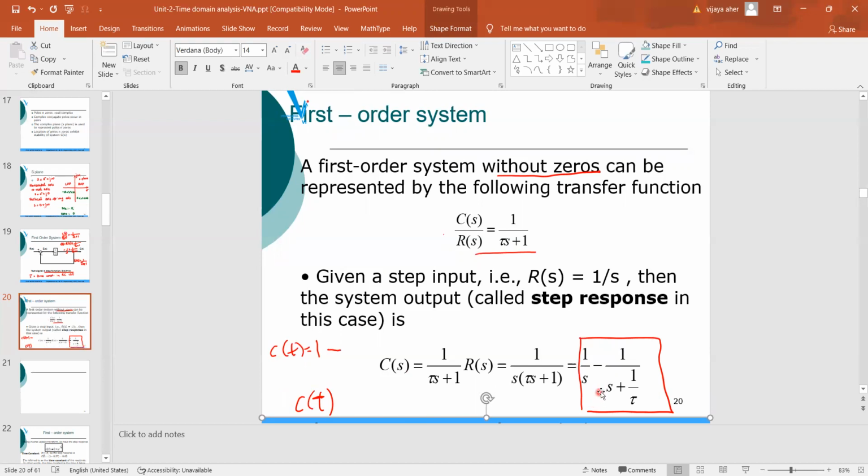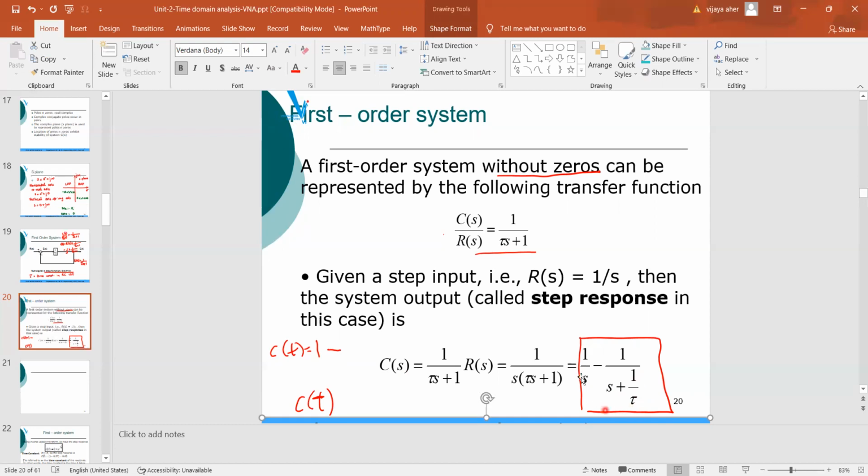So this is nothing but your C of s output: 1 divided by s minus 1 divided by s plus 1 divided by tau. Now this is in terms of poles. What is the first pole? The first pole is s is equal to 0. The second pole is s is equal to minus 1 by tau.